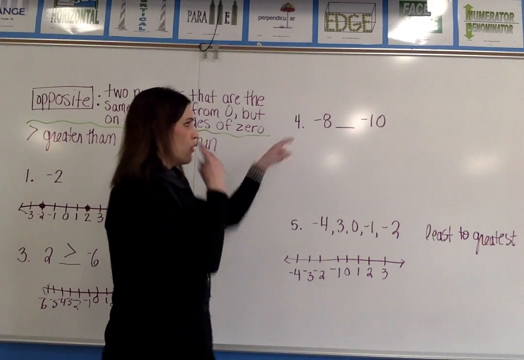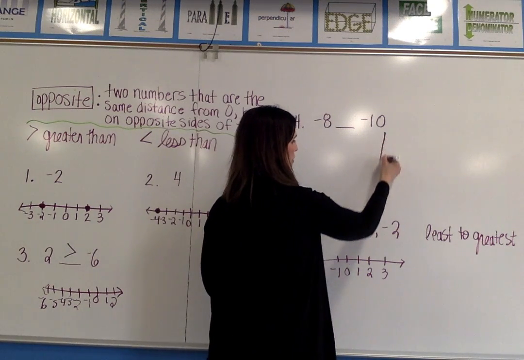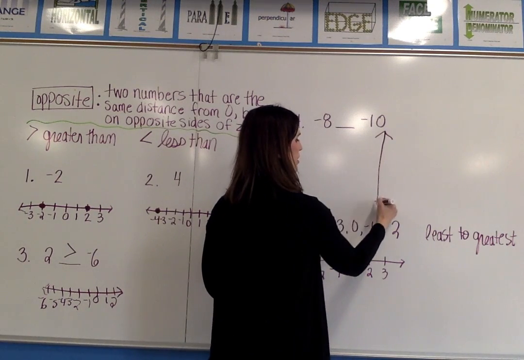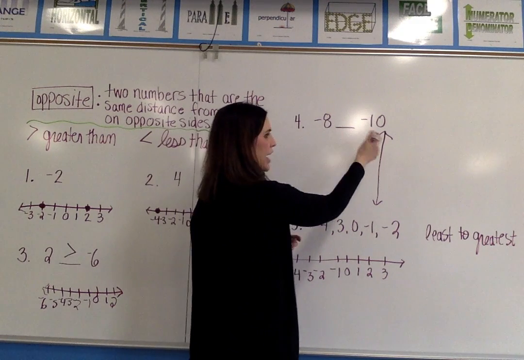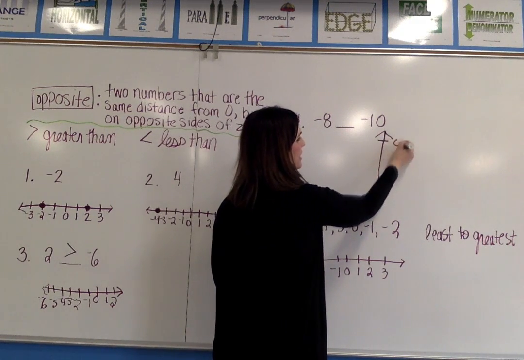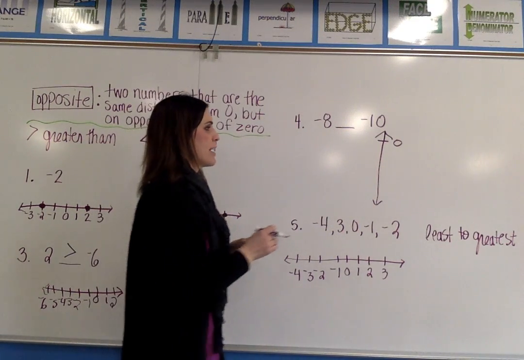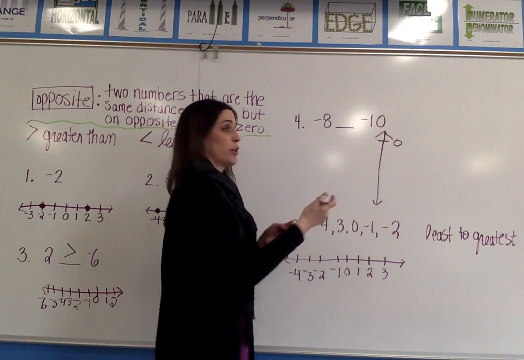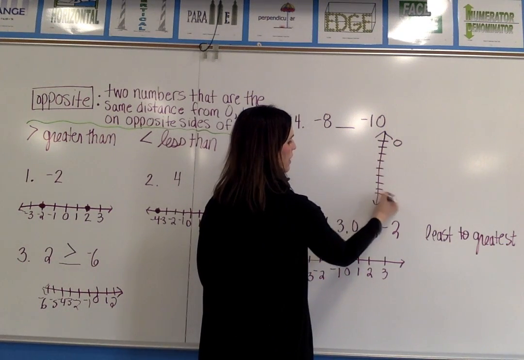On example 4, I am also comparing. On this one, I just put a vertical number line there for you, but you can do the same thing. Since these are all negative, I'm going to put 0 up at the top. So you don't always have to put 0 in the middle of your number line. And -8 and -10 are both below 0. So I'm going to make my marks here on the number line, and then I'm going to number.